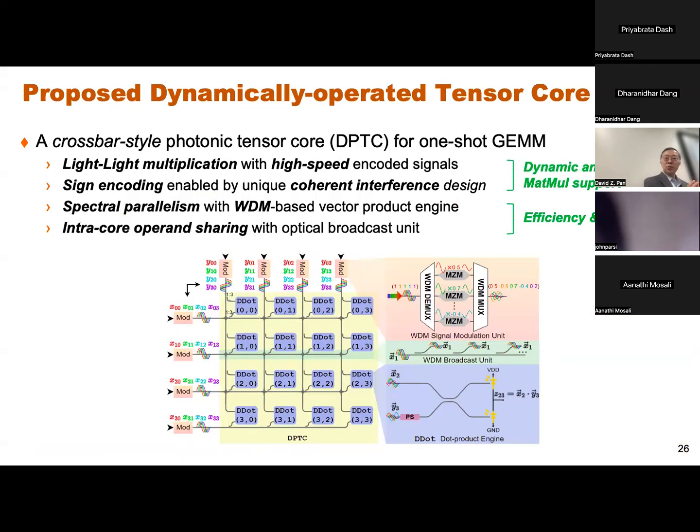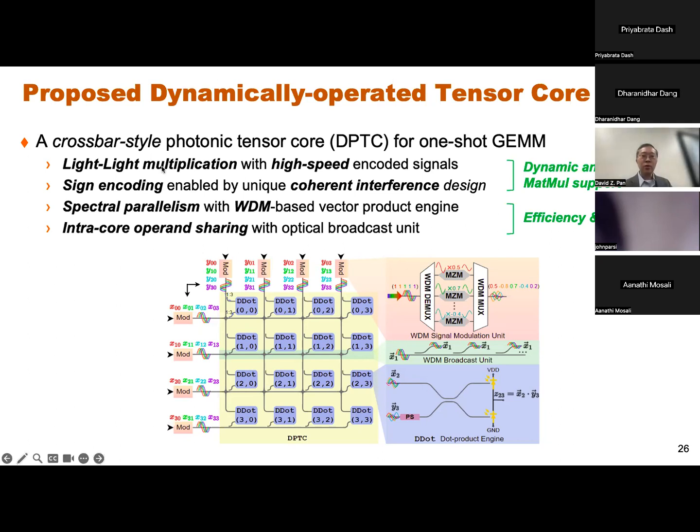So what we proposed at the upcoming HPCA is what we call the dynamically operated photonic tensor core, DPTC. It's actually a crossbar style photonic tensor core, so we can do one-shot general matrix multiplication.